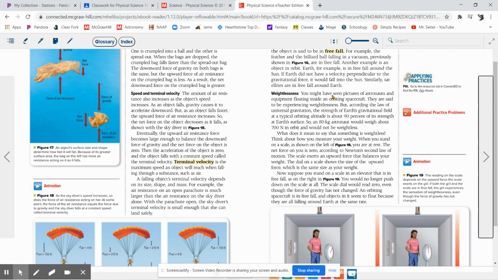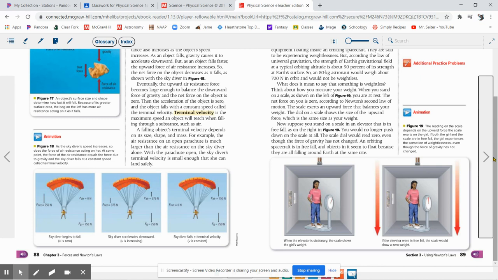It has enough speed to keep from hitting the surface of the Earth, or enough acceleration, F equals ma. So it's constantly falling, being pulled by gravity, but it never hits the ground. This causes what appears to be weightlessness.